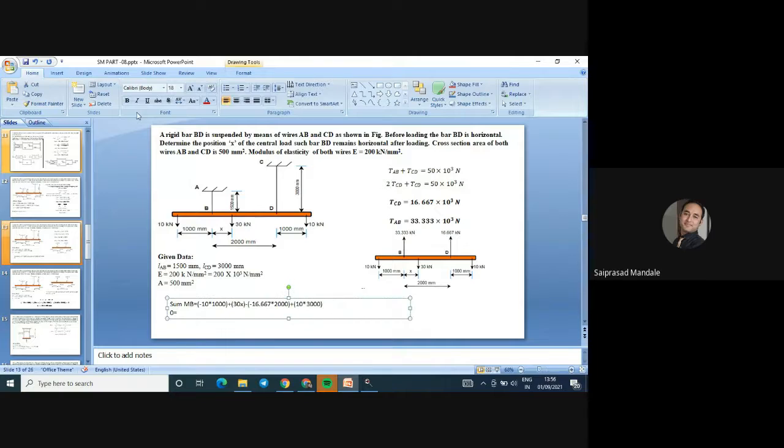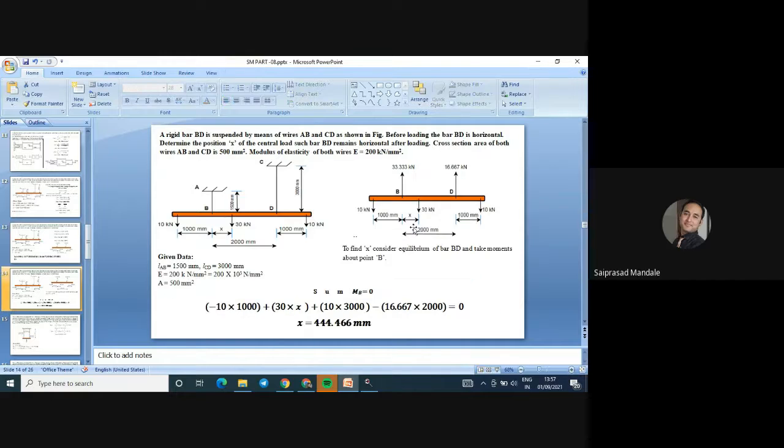From where did this equation come? Let me tell you. Clockwise moment is positive, anti-clockwise moment is negative. 10 is going toward the x, so here it should be 10 plus x. 10 is moving toward the x, that is 10x, 30 into x, then 16 into x, and that is 10 into 3000, correct.